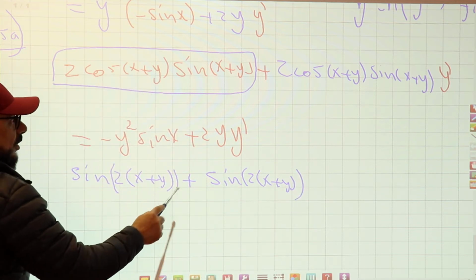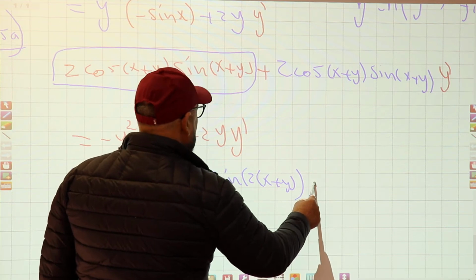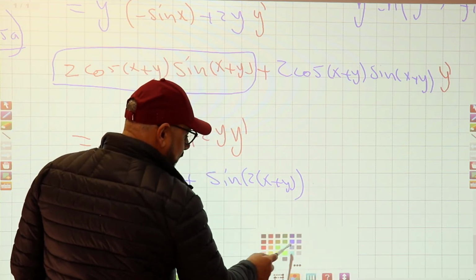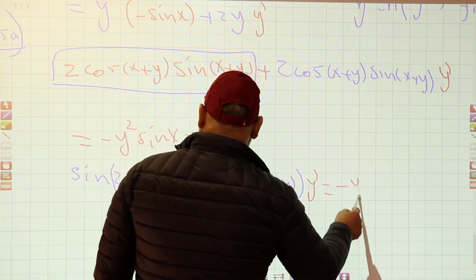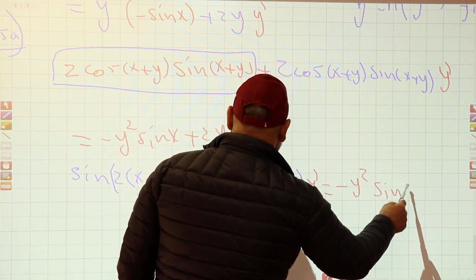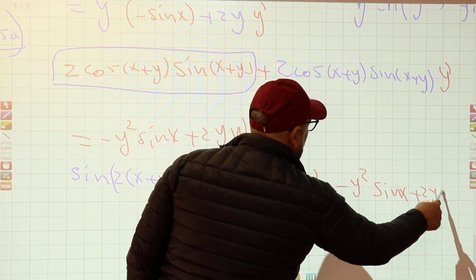I can put this in parentheses, times y prime, equal to negative y squared sine x plus 2y y prime.